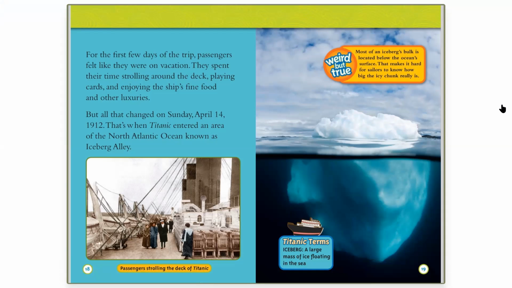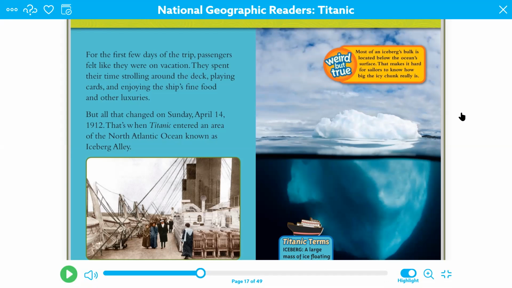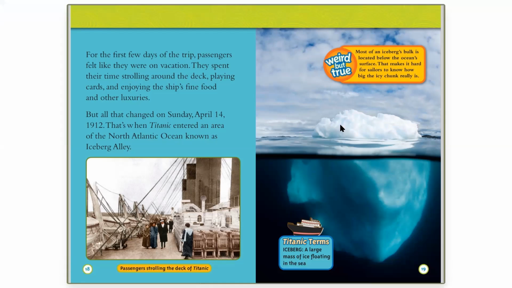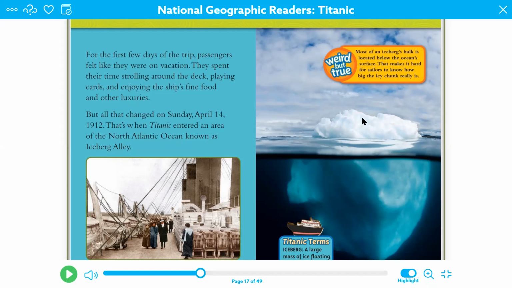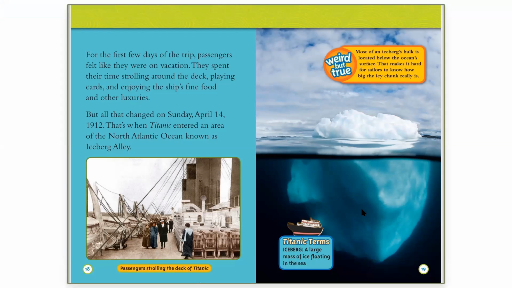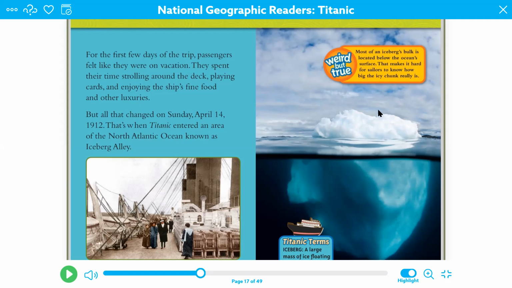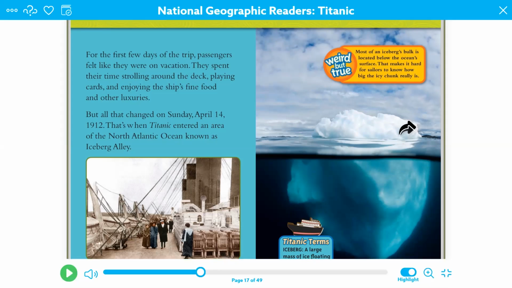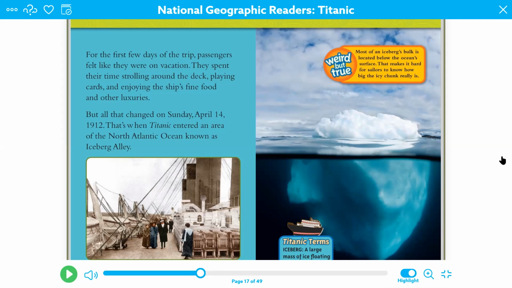So the scary thing about icebergs is that the ship could have been just sailing on and all the captain sees is this little piece of ice at the top, right? But little does he know what's at the bottom. A big chunk of ice, right? So this picture here helps us to better understand what an iceberg looks like and what it looks like below the surface. This is a good piece of information.